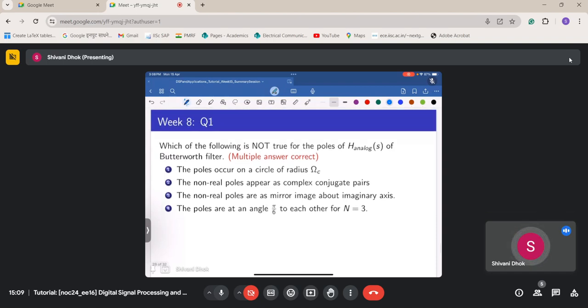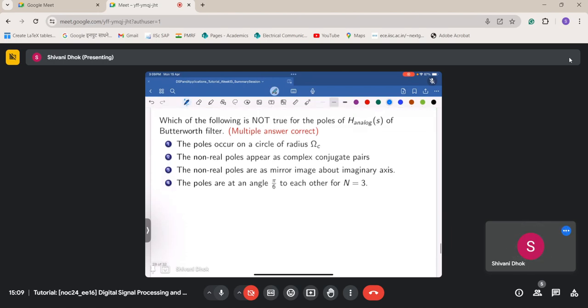Which of the following is not true about the poles of H analog S of Butterworth filter? So we had seen the equation that gives the poles for the Butterworth filter, which is Sk equal to omega c into e power j (2k plus 1 plus n) by 2n into pi.